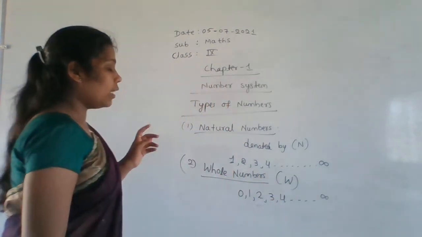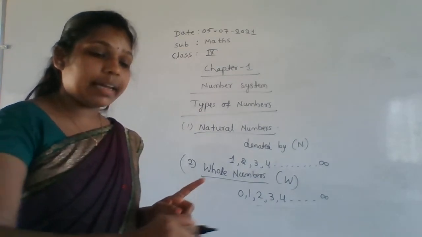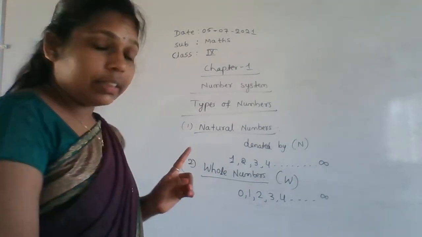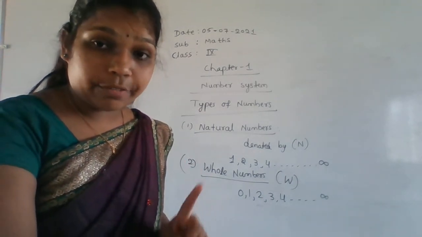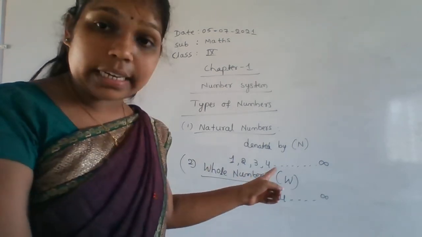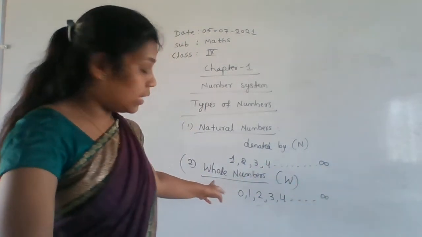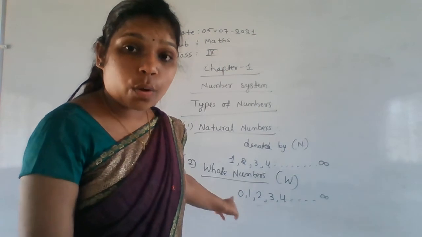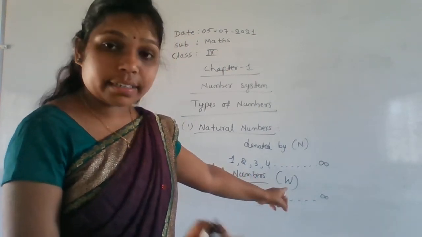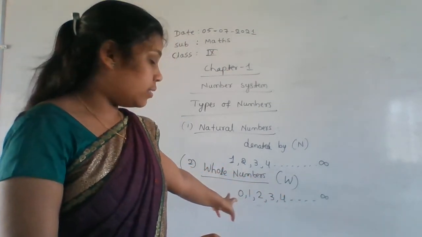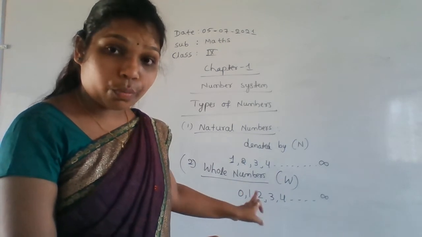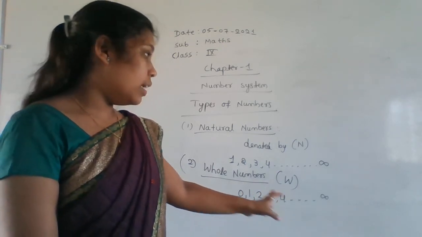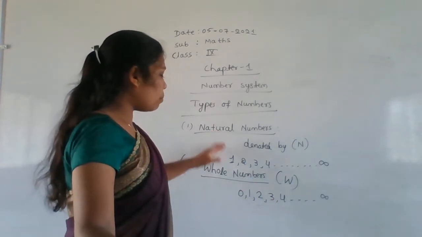Okay, so here natural numbers are denoted by capital N and start with 1, 2, 3, 4, and so on up to infinity. And next thing is the whole numbers. The whole numbers are denoted by capital W. Okay, and it starts with 0, 1, 2, 3, 4. What is the difference between natural and whole numbers?